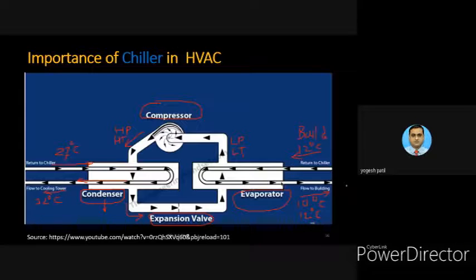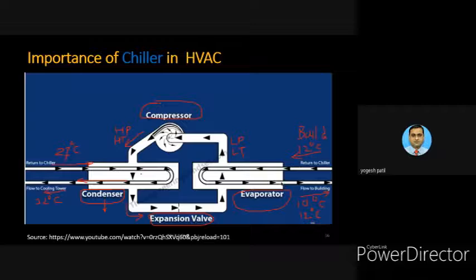So the requirements are also mentioned over here. The component associated with the chiller's condenser is the cooling tower, if the type of chiller is water cooled. And if the chiller is not water cooled, then this particular condenser is different.